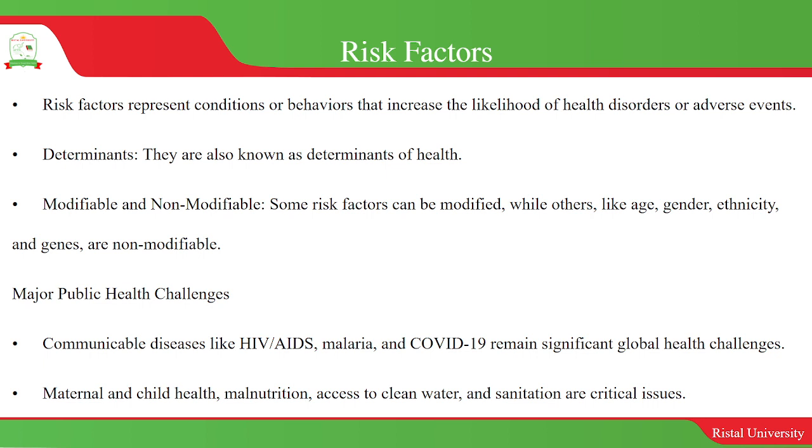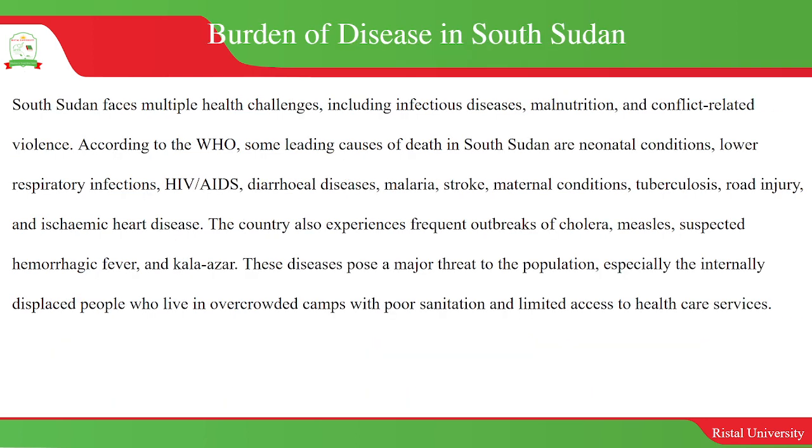Generally, if you talk about the major health problems that we face in South Sudan, we talk about communicable diseases. They place a huge burden on the health system. But of course, on top of these communicable diseases, we have problems to do with maternal mortality, child mortality, malnutrition, and even access to water and sanitation are still very huge challenges that we really face.